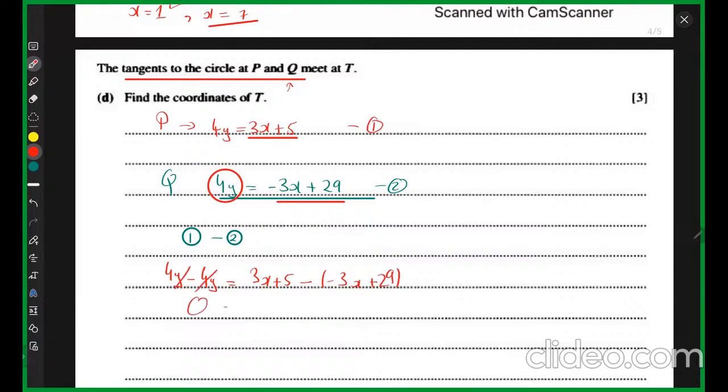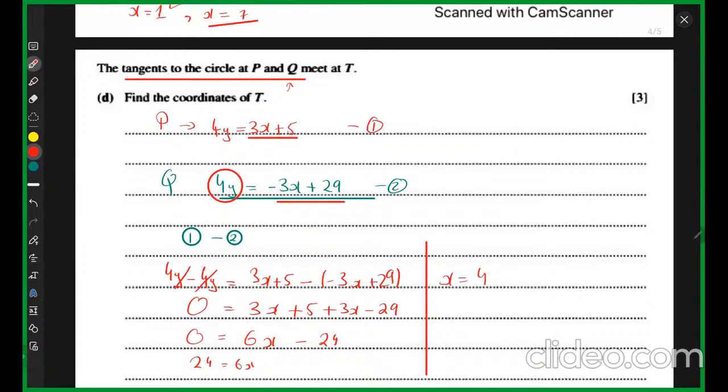It would give me 0 equals 3x plus 5 plus 3x minus 29. And after simplification, I am going to get 0 equals 6x minus 24. And this would be 24 equals 6x. And x is going to be 4.